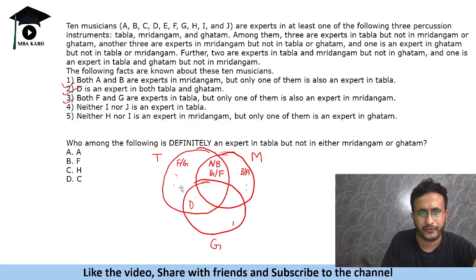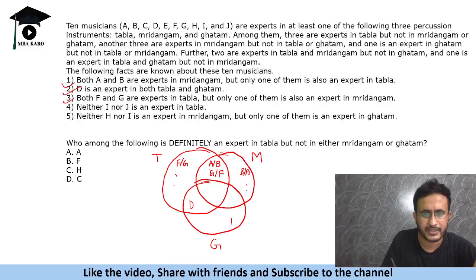So out of H and I, one of them has to be expert in ghatam. Now it is said that I is not expert in tabla. If you talk about I, not expert in tabla, not expert in mridangam, so I has to be expert in ghatam.